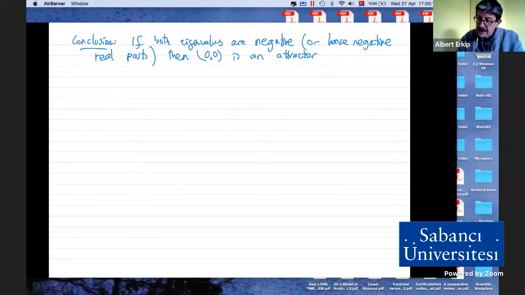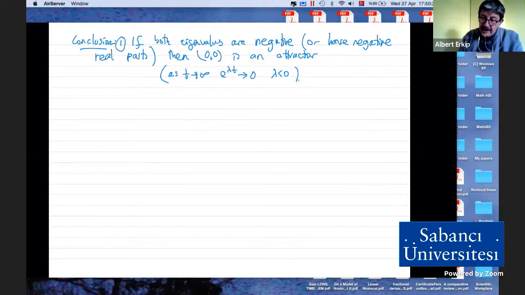Why? Because as t goes to infinity, e to the lambda t goes to 0. Lambda is negative, e to the minus something goes to 0. So the picture is like that.